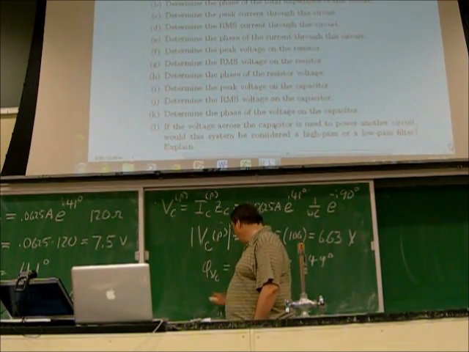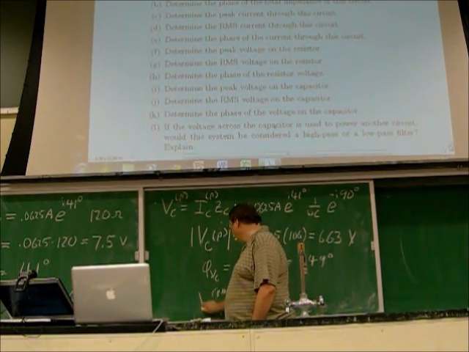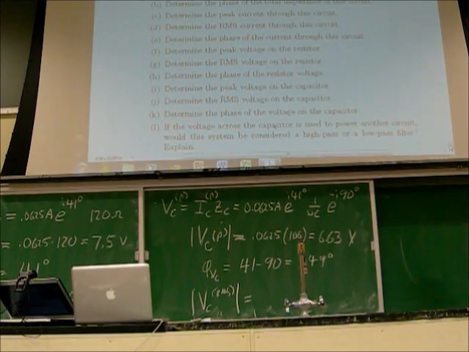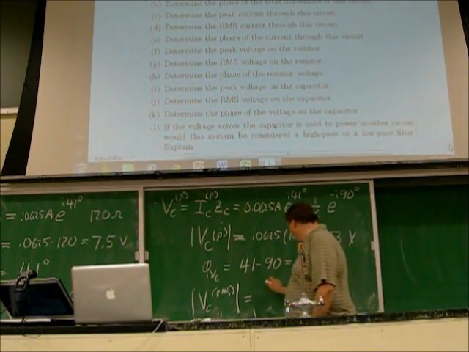So now, what is the RMS value of the voltage on the capacitor? So I take the peak, divide by square root of 2 or multiply?